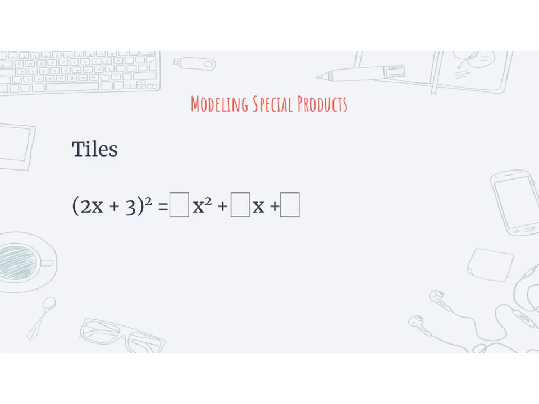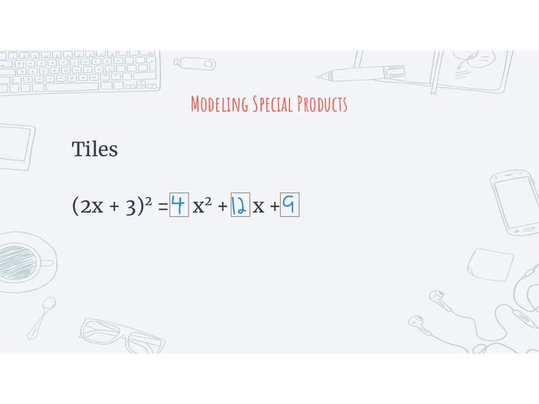All right, so this first one here, I'm going to model it for you, because this 2x plus 3 to the second power is probably the most missed problem for students when doing these types of problems. So I want to show the tiles so you can see where every part comes from, and then after this we will just distribute it out. So we saw that we had 4x squareds, we had 12x's, and then we had 9 singles.